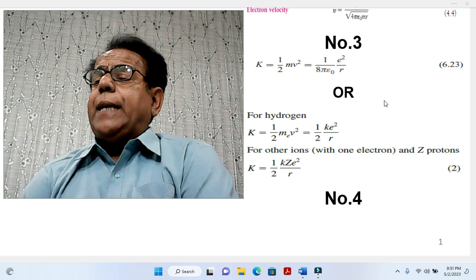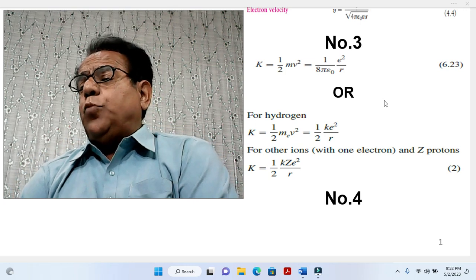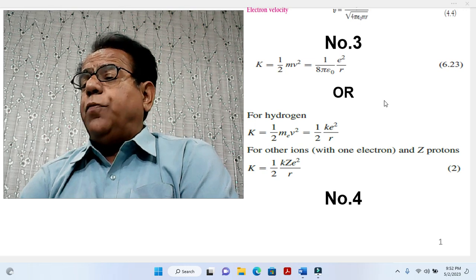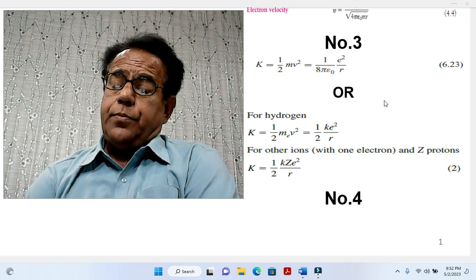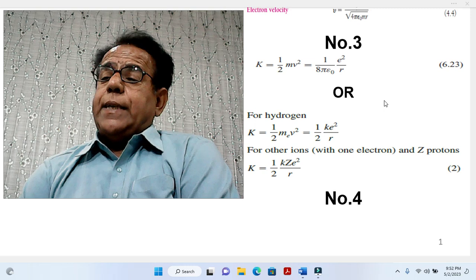So capital K is equal to half mv square and is alternatively equal to 1 over 8 pi epsilon naught E square over R. This is the expression for kinetic energy.